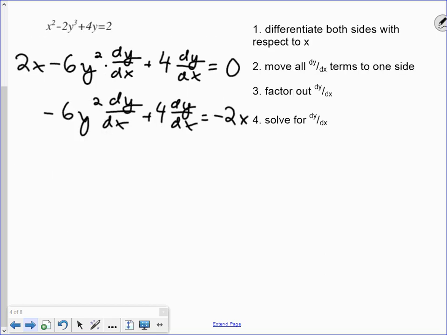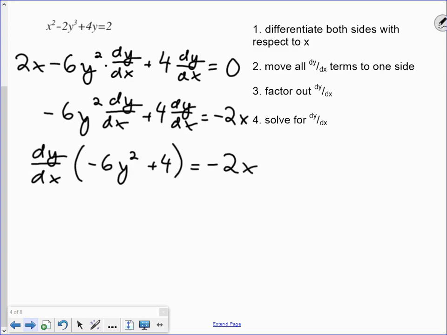And then I'm going to factor out this dy dx here. So dy dx is common to both of the terms on the left-hand side. Negative 6y squared plus 4 after I factor that out. And then I'm just going to solve for dy dx. So I'm going to divide both sides by that thing in brackets. dy dx is equal to negative 2x divided by negative 6y squared plus 4.